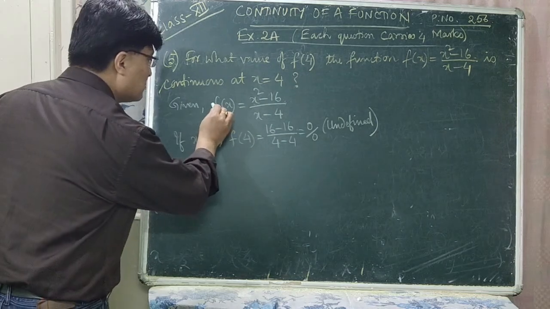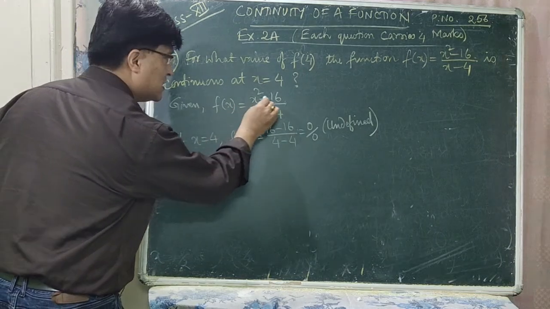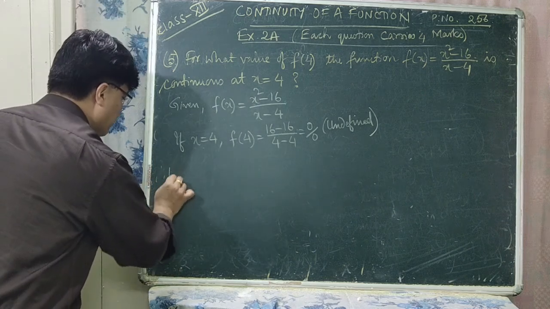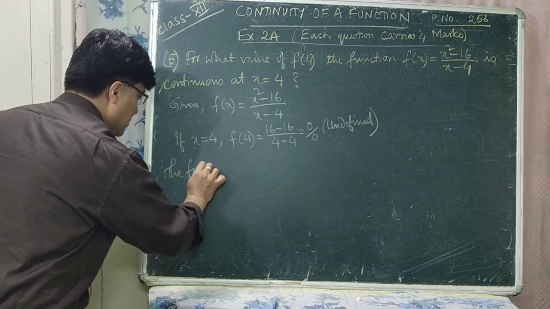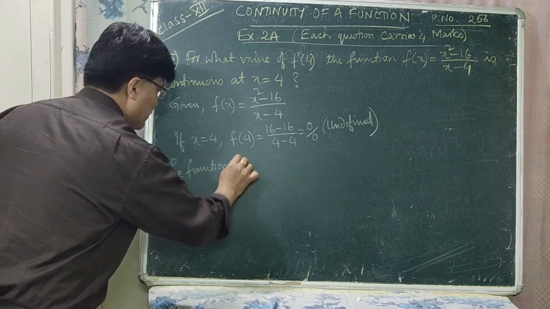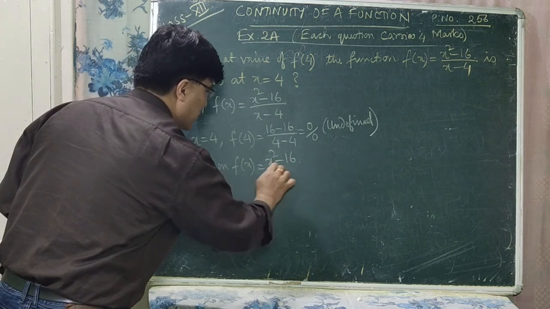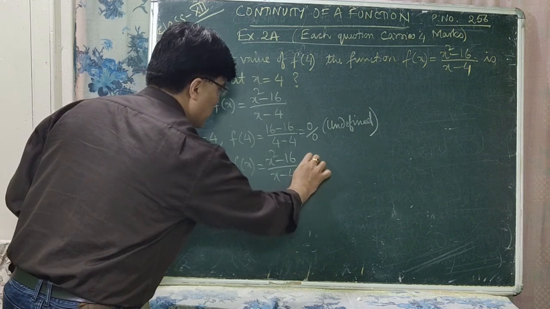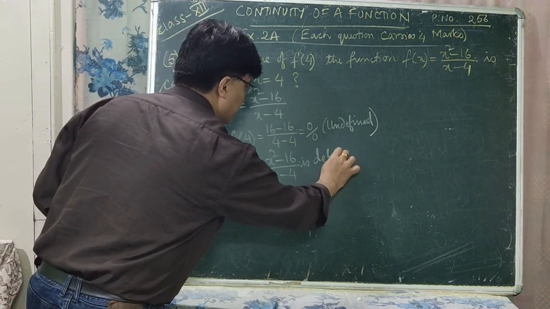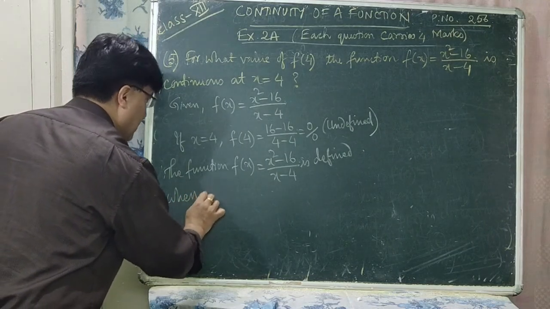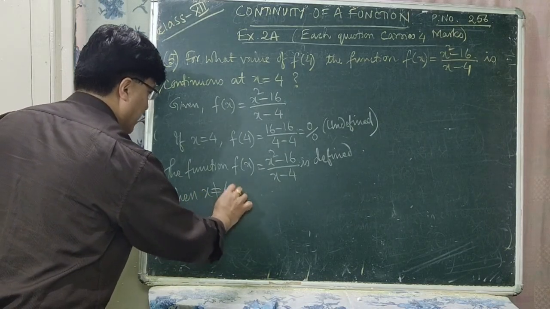That means this function of x is defined when x not equal to 4, isn't it? Therefore, the function f of x is equal to x square minus 16 divided by x minus 4 is defined when x not equal to 4, right?